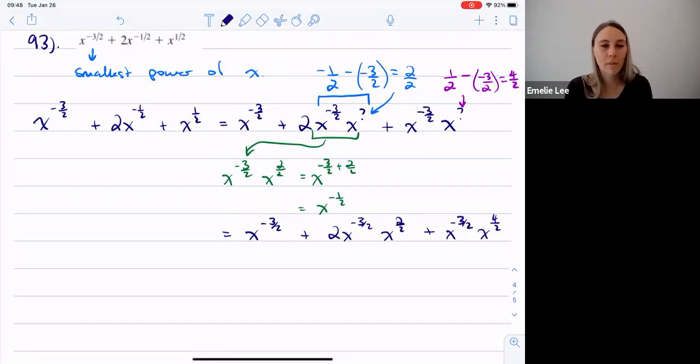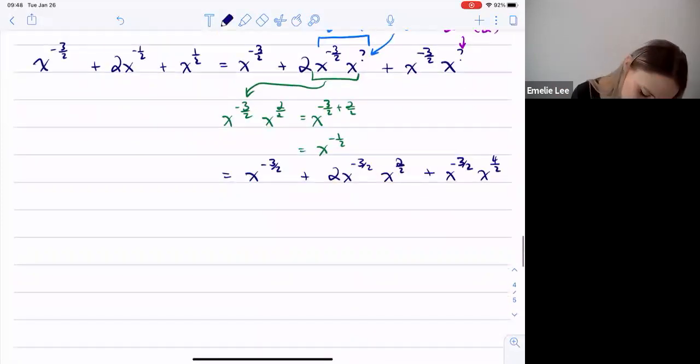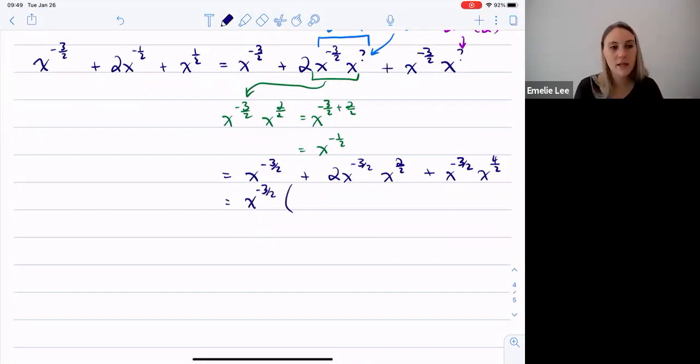Okay. I always like to write out the common factor before I actually factor it out, right? It just makes it easier for me to see what should be pulled out to the outside and what should stay inside the brackets. So now if I go through here and I have x to the negative 3 over 2 on the outside, well, to get to x to the negative 3 over 2, I need to multiply by 1.